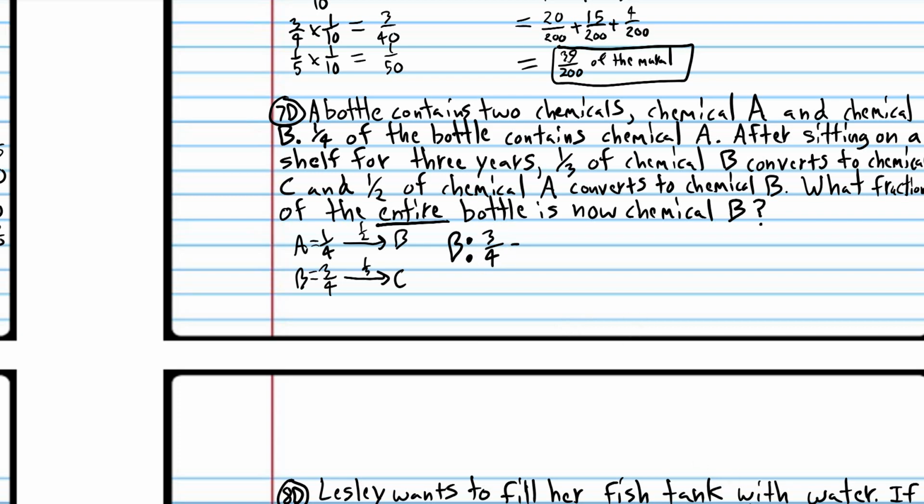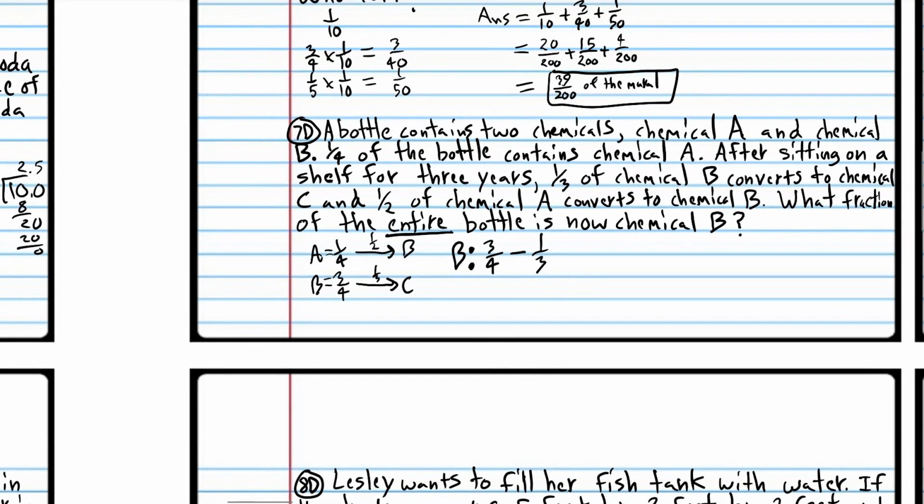But you're going to lose 1/3 of chemical B. So 1/3 of 3/4 you're going to lose. But you're also going to add chemical B because chemical A converts to chemical B. So you're going to add 1/2 of 1/4 because 1/4 is chemical A, but 1/2 of it is going to convert. So as you can see, we have a PEMDAS problem here.